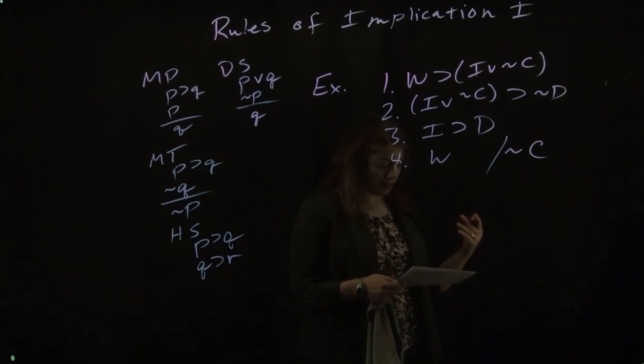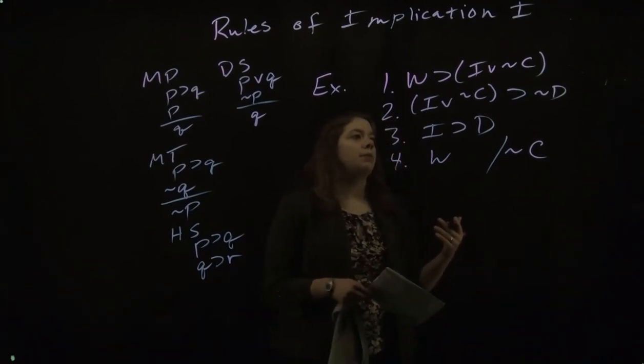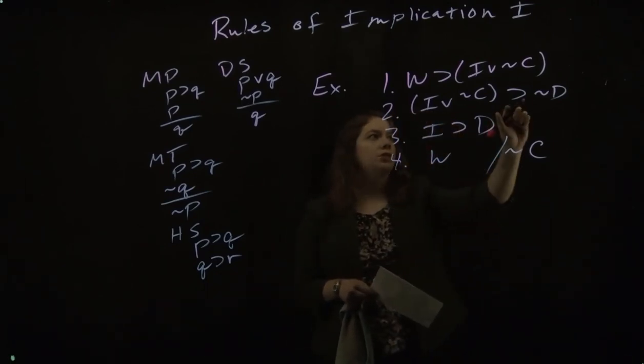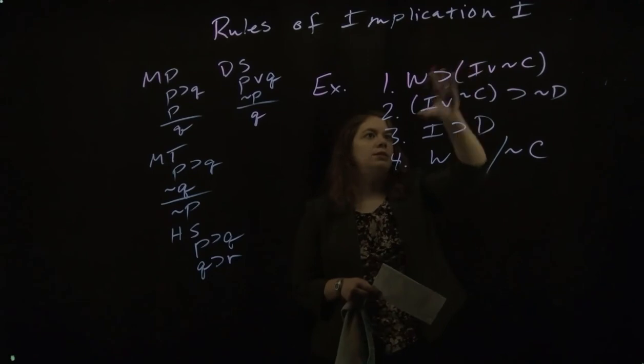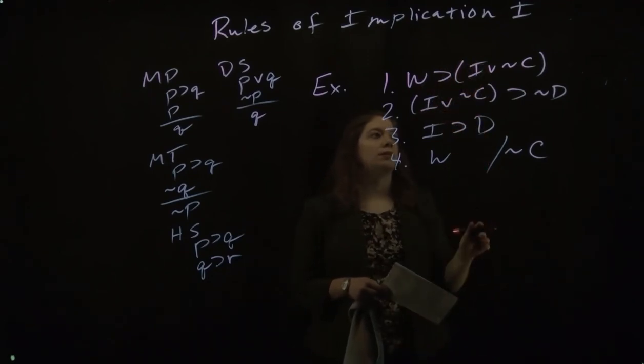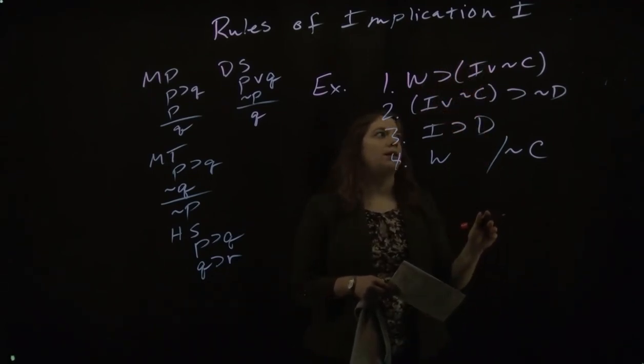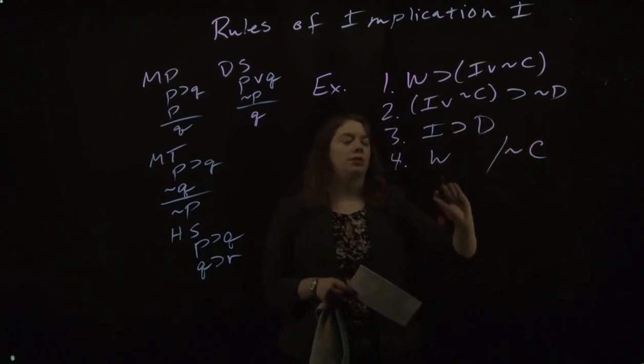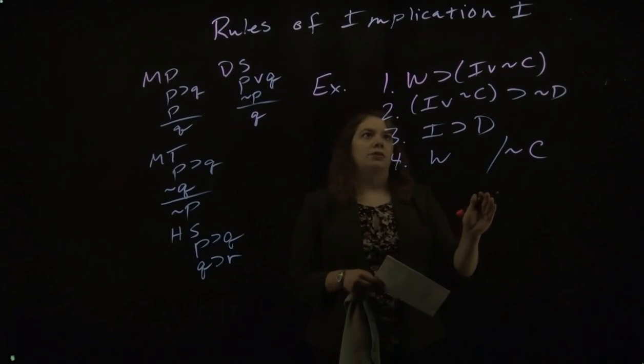You might be inclined to use hypothetical syllogism here because you have identity on both sides. But let's resist that for a second, because we're trying to get the not C, we're not trying to eliminate it. So what else can we do here?